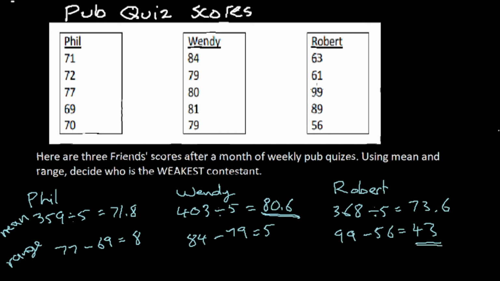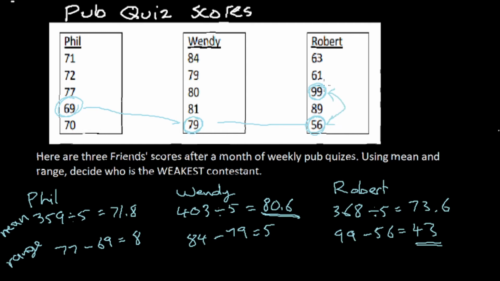If you have a look at Robert's score, he got 99, which is brilliant, but he also got the worst score, 56, and that's much worse than the worst ones here. So Phil got 69, and Wendy's worst one is actually 79, so her worst one is much better than the other 2 players. Because Robert's range is so big, it means that he's not very reliable.